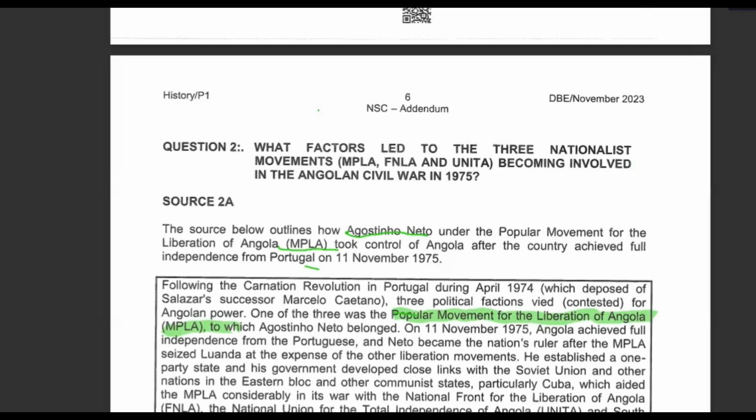Then in addition to that, there was another one known as the National Front for the Liberation of Angola, which is also known as the FNLA. Then the third one was known as the National Union for the Total Independence of Angola, which is also known as the UNITA. So those are the three liberation movements.